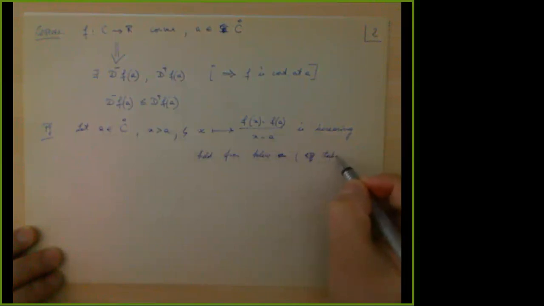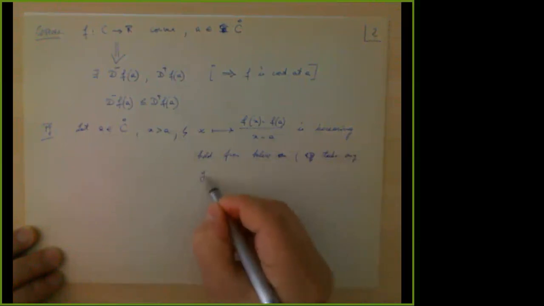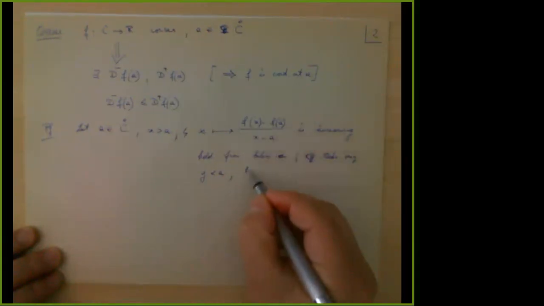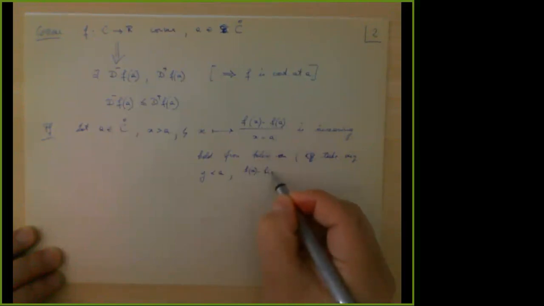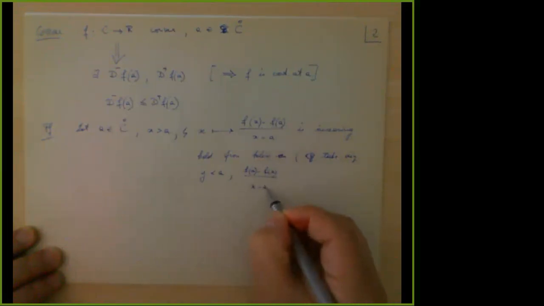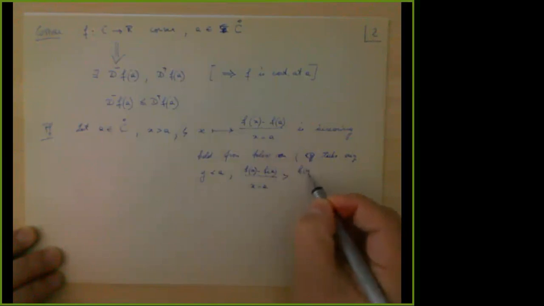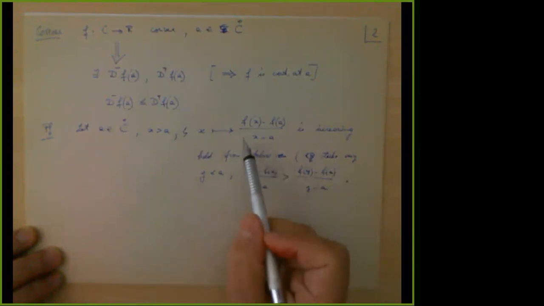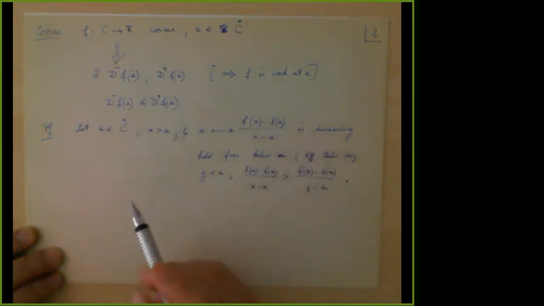It is enough to take any y less than A, and use the fact again that this function is monotone, and this expression is bounded from below by just (f(y) minus f(A)) over (y minus A). Then what do we have? We have a monotone function which is bounded from below, so we can take the limit.